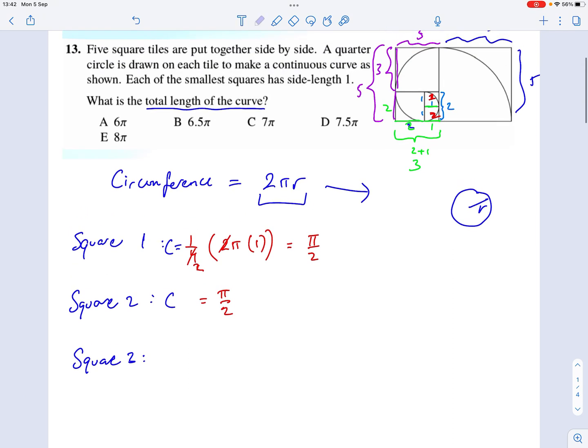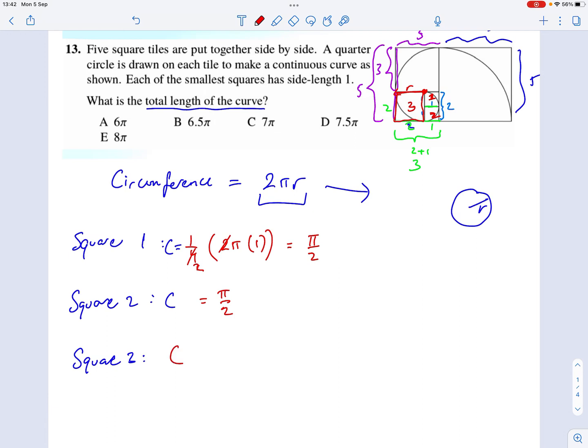Let's do square 3. What I mean by square 3 is the square which has radius of 2, right? This is square 3, right? That's the center of the circle. This is going to be the radius.